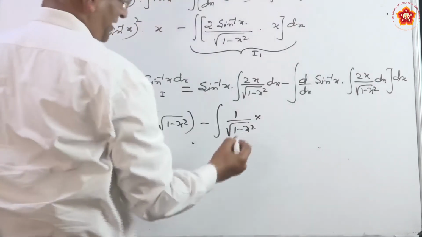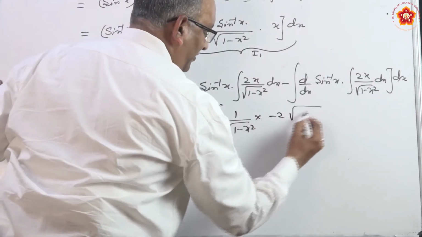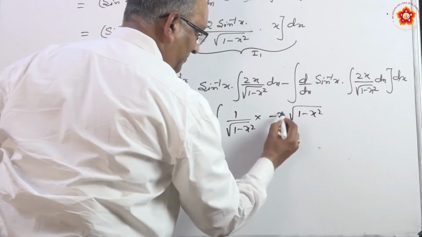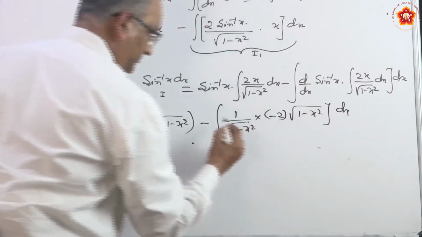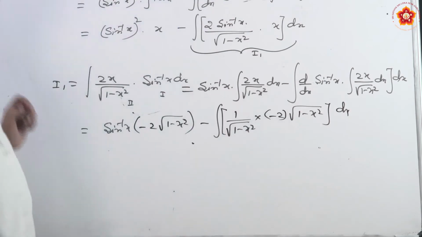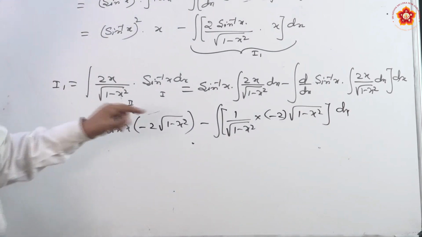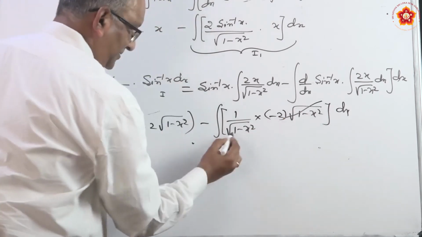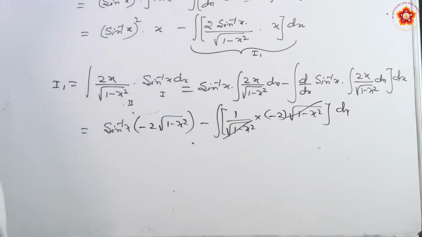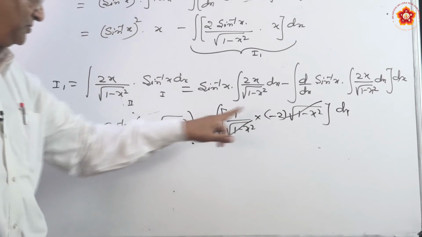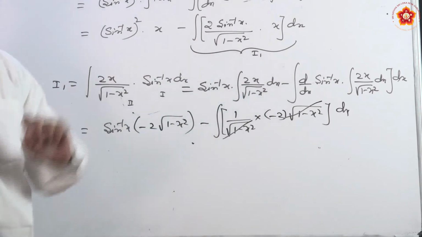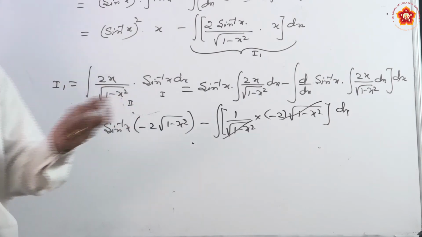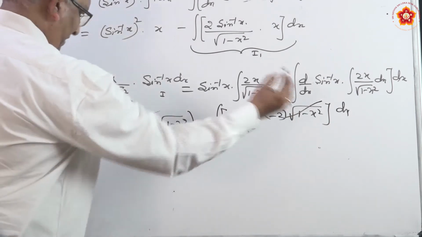So substitute that value, minus 2 under root of 1 minus x square, dx. Now, these two terms can be cancelled. What are we left with? We are left with minus 2 into minus becomes plus 2, and just dx. The integral of dx is x. So you get 2x.